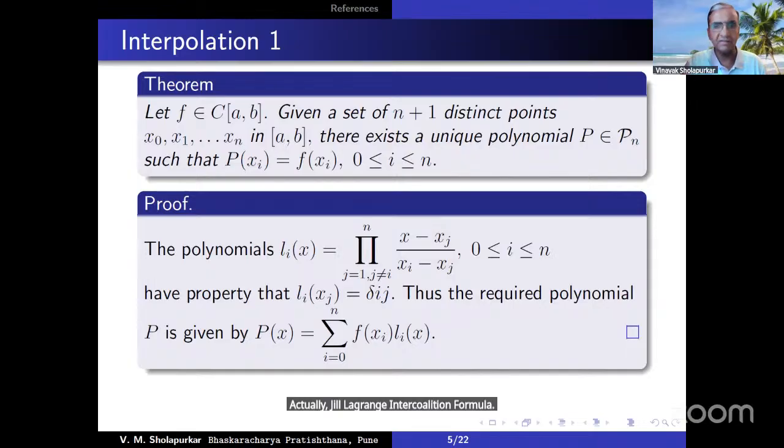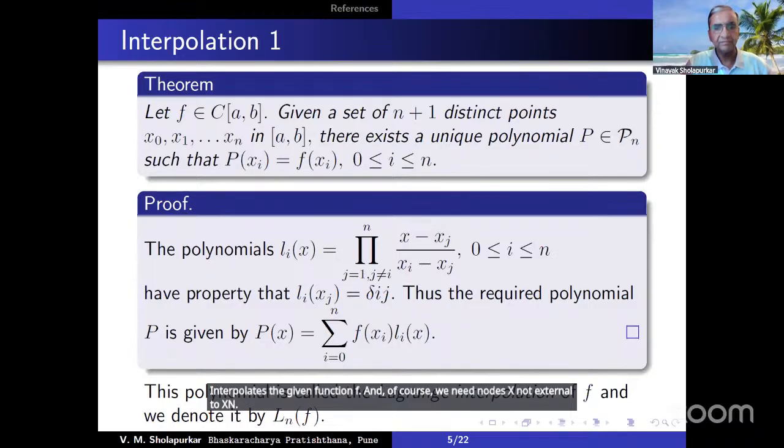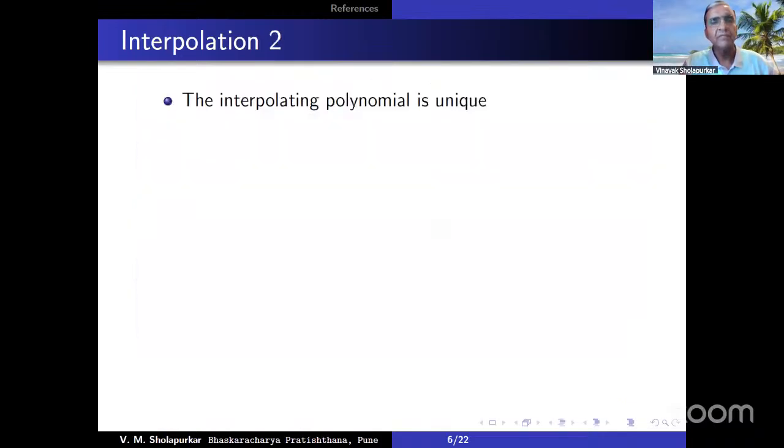All of you know this Lagrange interpolation formula. We denote it by Ln f. Ln f means the polynomial of degree n which interpolates the given function f. And of course, we need nodes x0, x1 up to xn. The interpolating polynomial is unique.